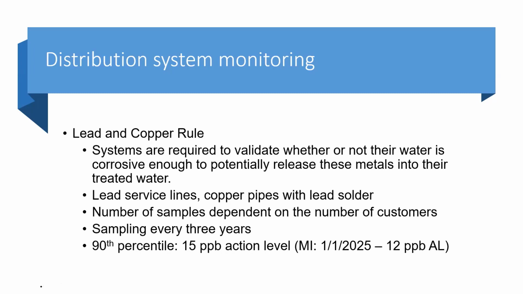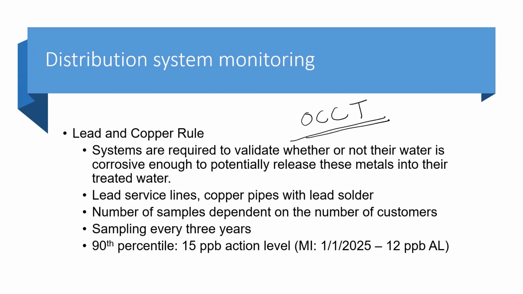The lead and copper rule is applicable to every community water system, whether they're groundwater or surface water. And here the system is required to validate whether or not they have optimal corrosion control treatment. So that is the goal.